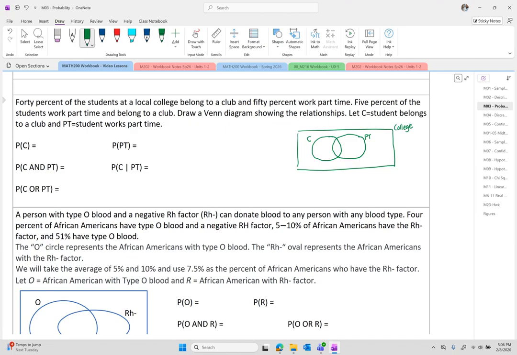And they told us that 40% of the students belong to a club, so that's 0.4, and that 50% work part-time, and that will be 0.5. Now, I can't put those numbers in my Venn diagram because 0.4 is for the whole bubble for clubs, and 0.5 is for the whole bubble for part-times.